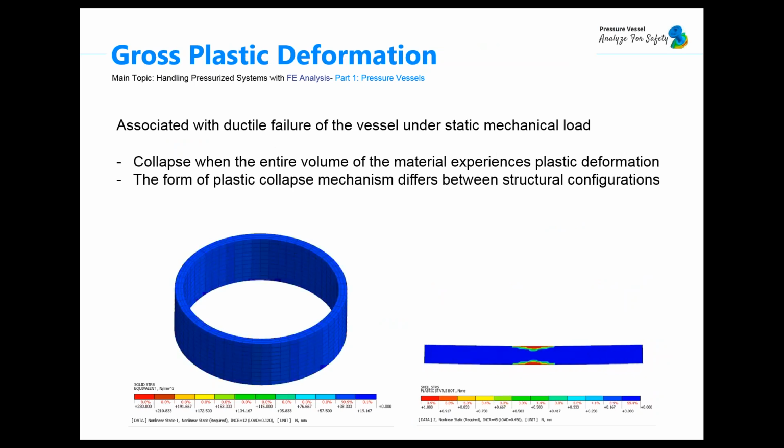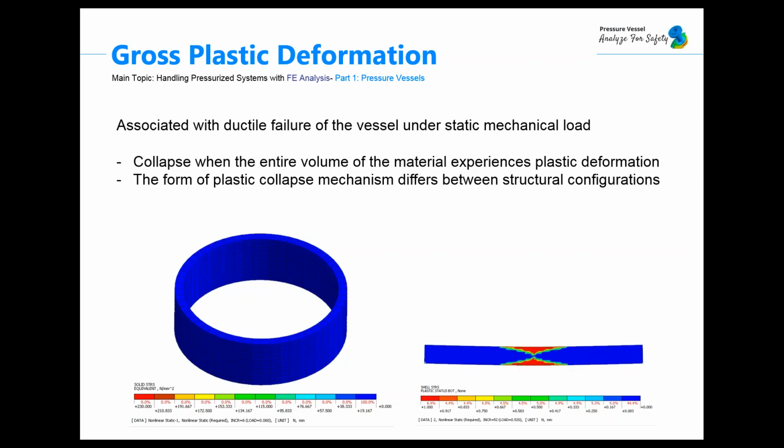As I said, this is the basic static failure which is considered in DBA, and the wall thickness of the vessel must be great enough to ensure that this failure does not occur. So unless the load is limited, this ultimately leads to plastic collapse or rupture of the vessel.